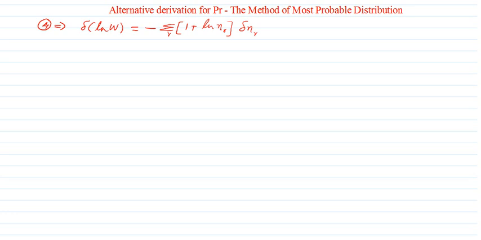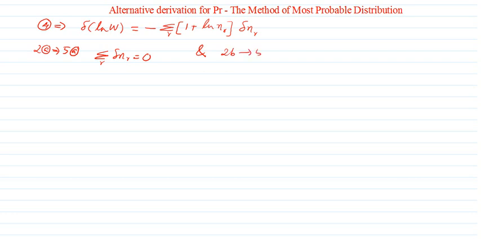And also, equation number 2a was rewritten as equation 5a. From the constraint equation 2a, we have written it as the sum over r of delta n r equal to 0. This has followed from the constraint equation. What is the constraint equation? The sum over r of n r should be equal to capital N. That was the actual equation. And from 2b we have rewritten it as 5b.